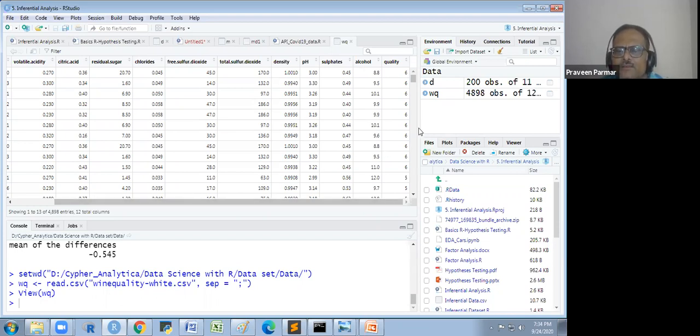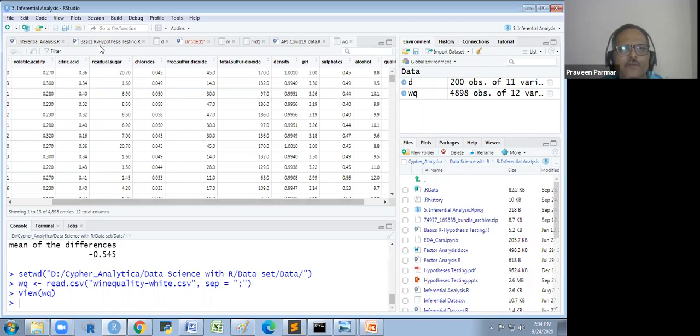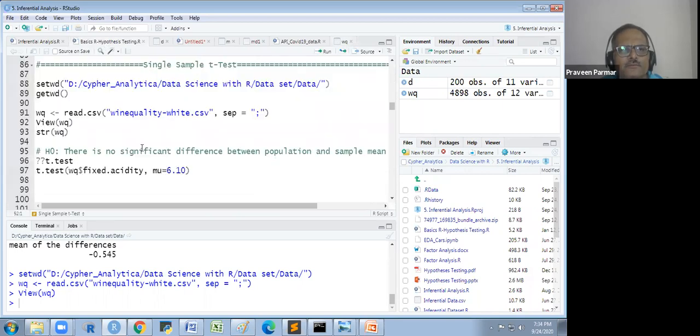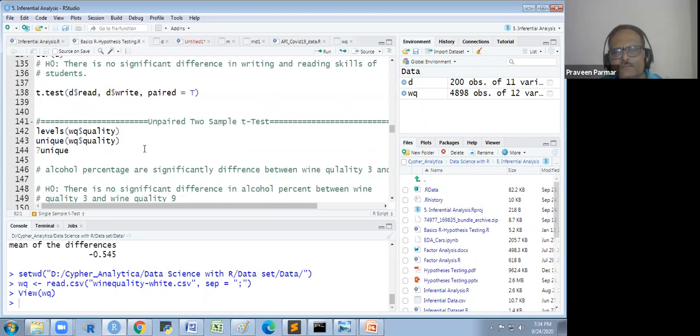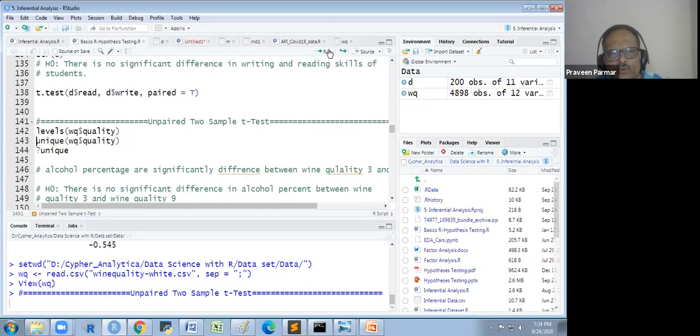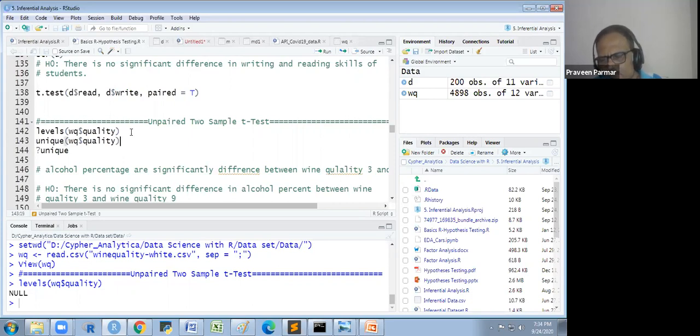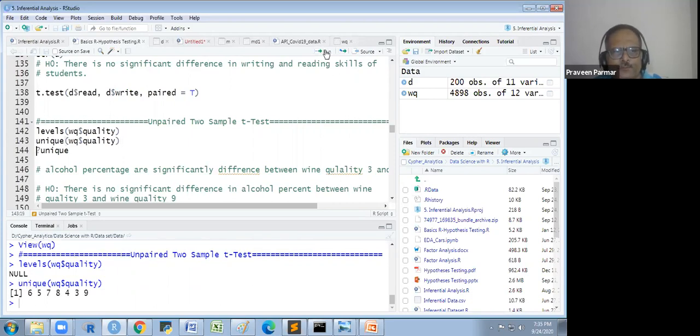And what we want here, in the unpaired two sample t-test, first I would like to show you something. Labels we will see in the quality. It is null because it is a character. Okay, so we will see the unique values. The unique values of quality start from 3, 4, 5, 6, 7, 8, 9. These are the qualities of the wine. Okay, they have given some rank to the quality.